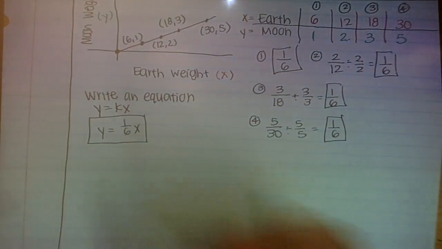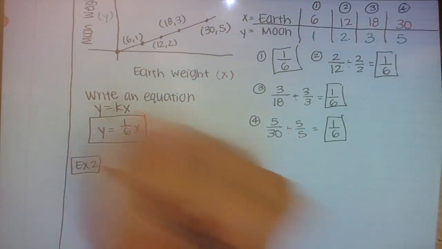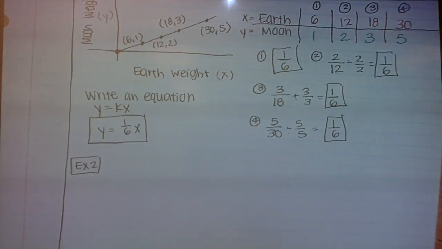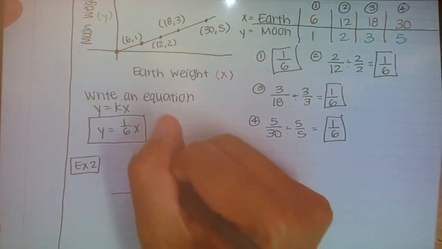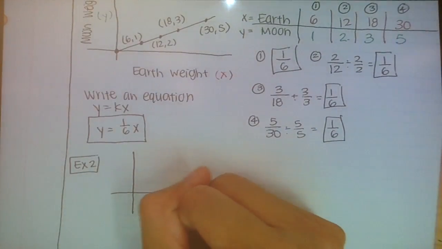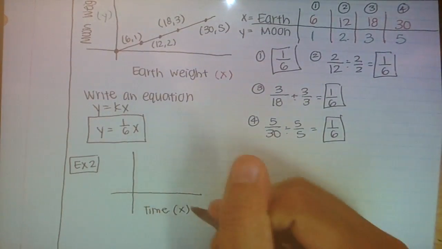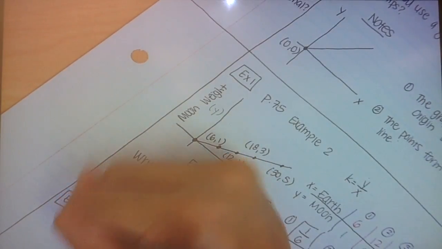All right, let's try another example. I'm going to draw a graph, and I want you to give me the equation. So I have time in the x and distance in the y.